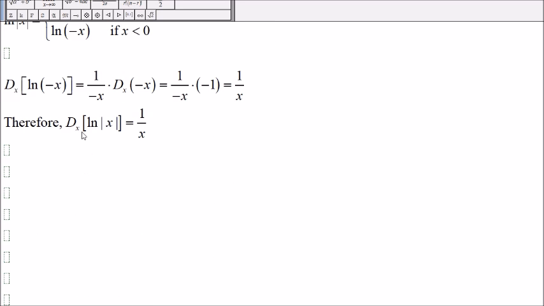And since that is the derivative, we can do the antiderivative, and so this means that the antiderivative of 1 over x will be the reverse, as it will be ln of the absolute value of x, and then plus a constant. So the derivative of ln of absolute value of x is 1 over x, and therefore the antiderivative of 1 over x must be ln of the absolute value of x.